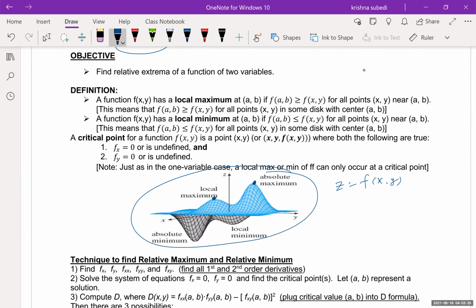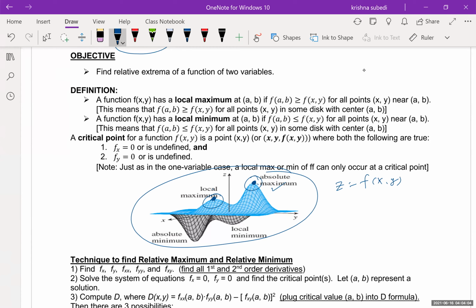We call them local or relative maximum. But out of these two, this one is the real maximum and we call it absolute maximum. In this neighborhood, this one is maximum, and in this neighborhood, this one is maximum. If you look at the graph globally, then this is the real maximum, therefore we call it absolute maximum, but this one is simply a local maximum.